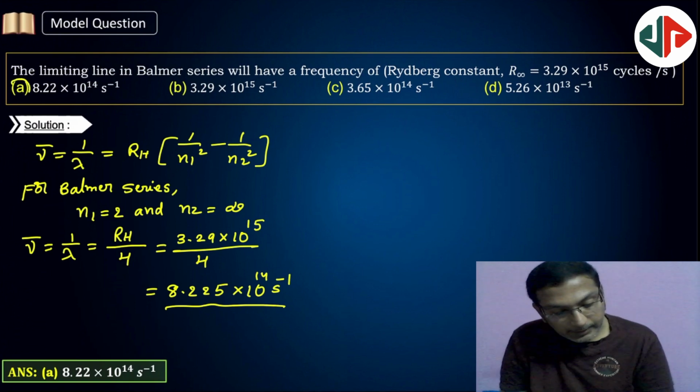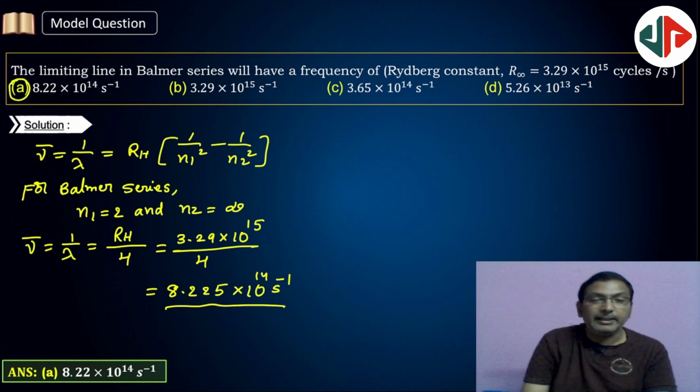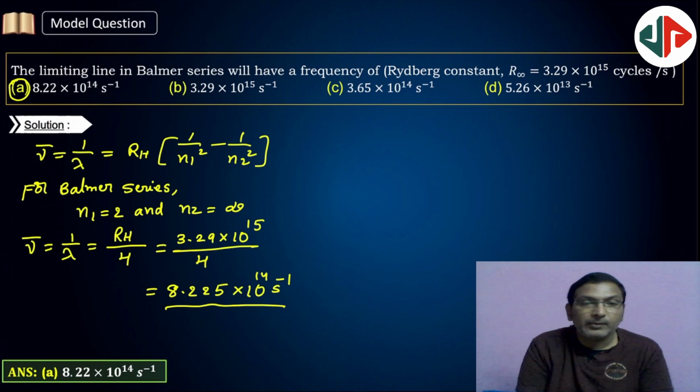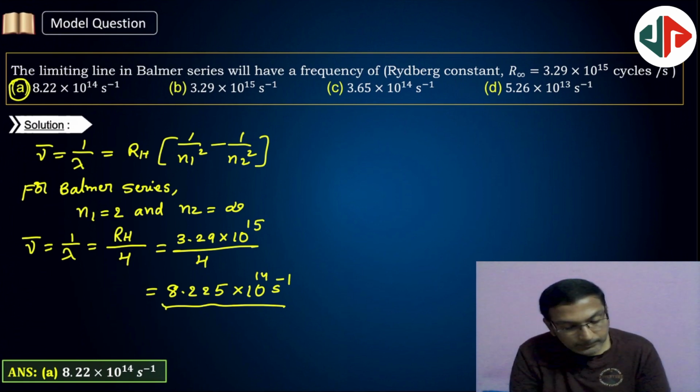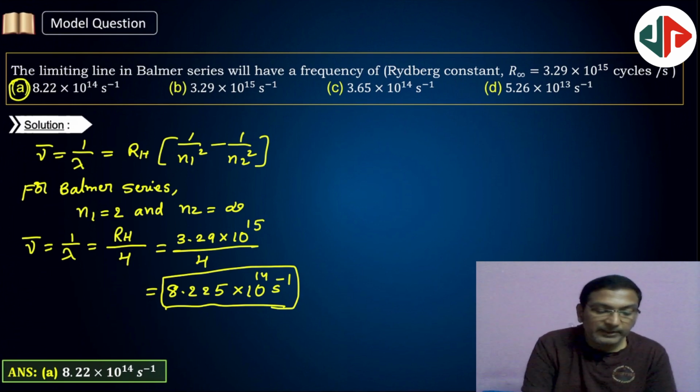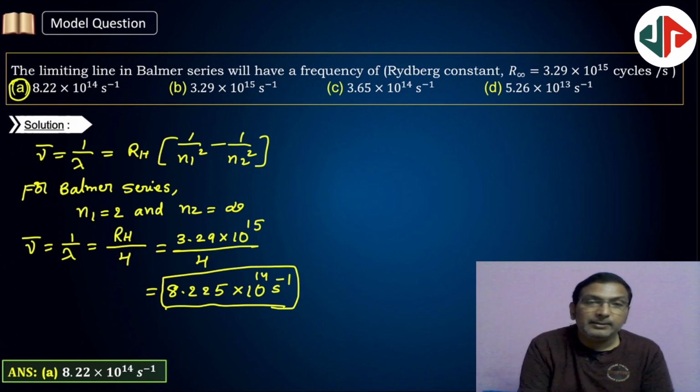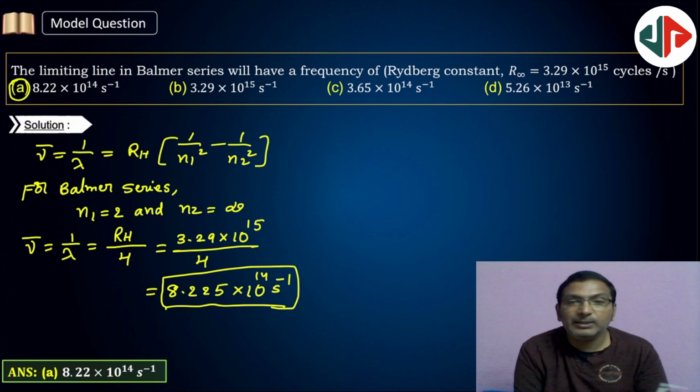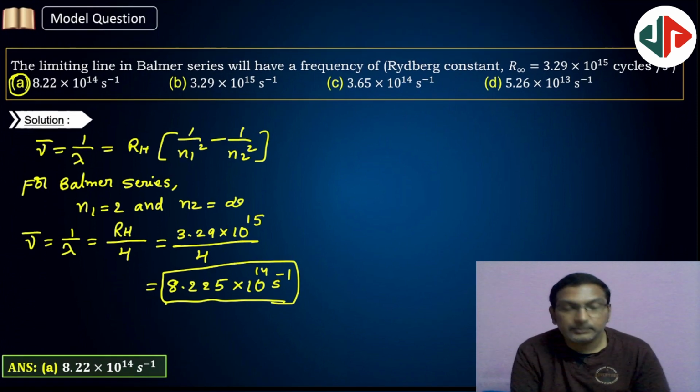Option A. 8.225 into 10 power 14. Series limit of Balmer series for hydrogen atom. Nothing is given means take hydrogen atom. Next question.